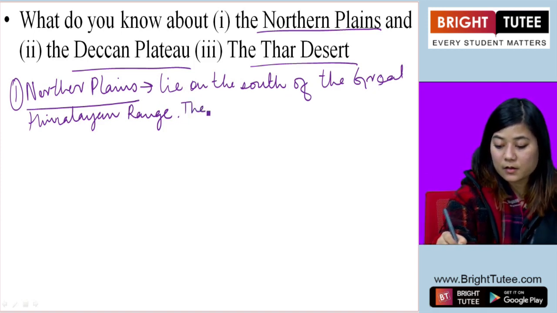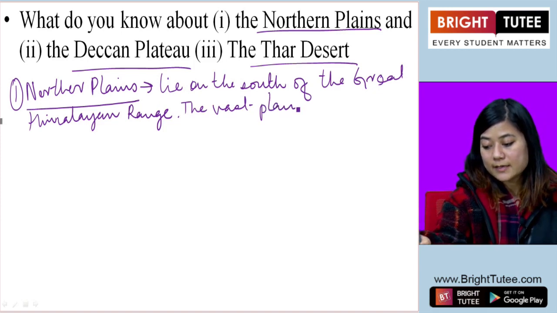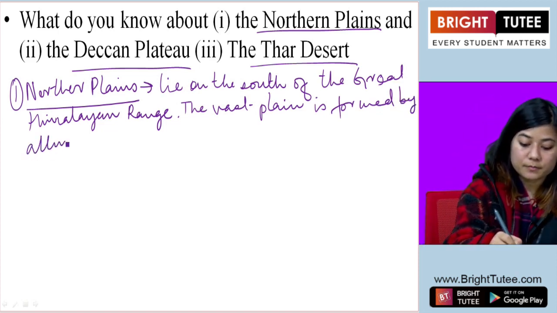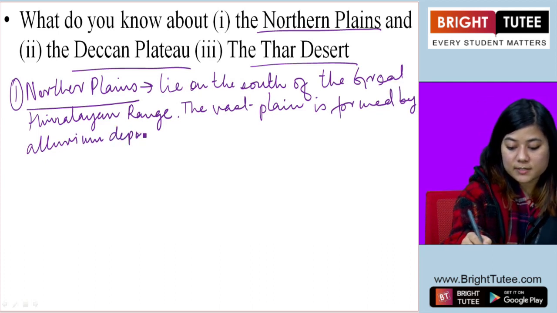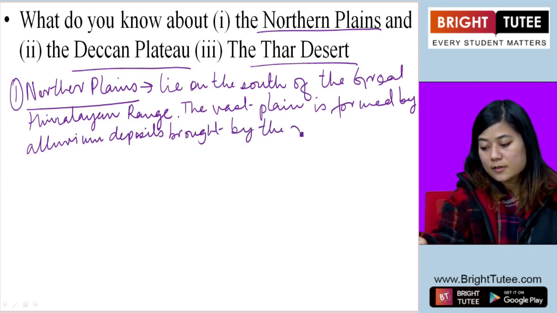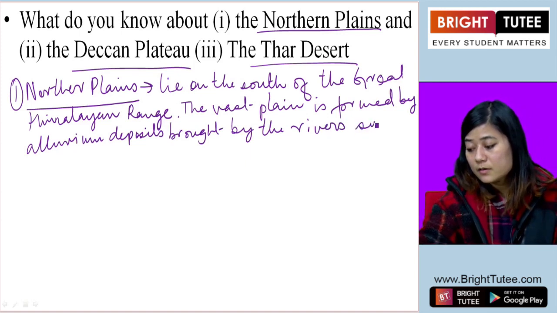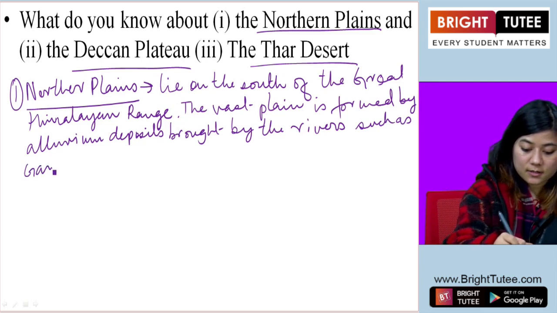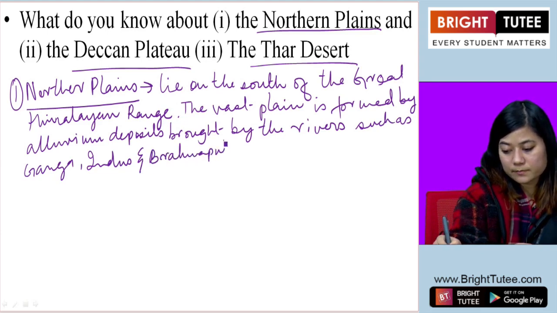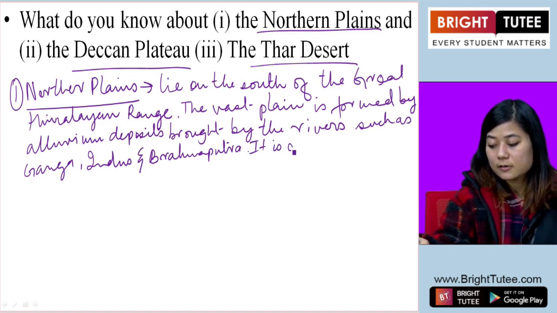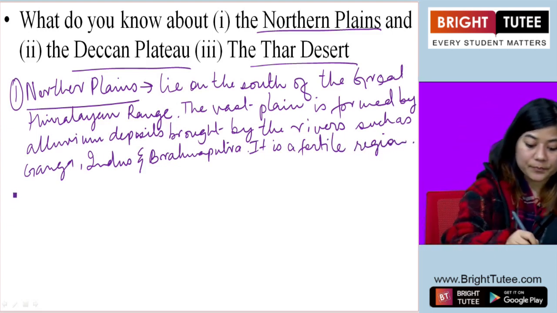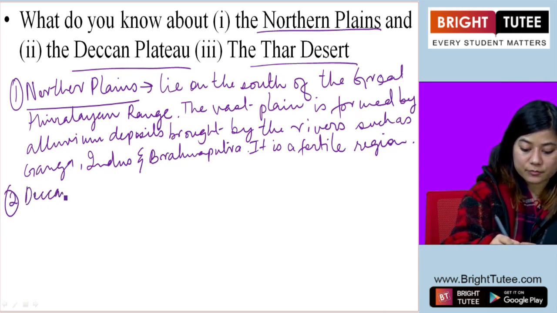Okay, the vast plain is formed by alluvium deposits brought by the rivers such as Ganga, Indus, and Brahmaputra. It is a fertile region.